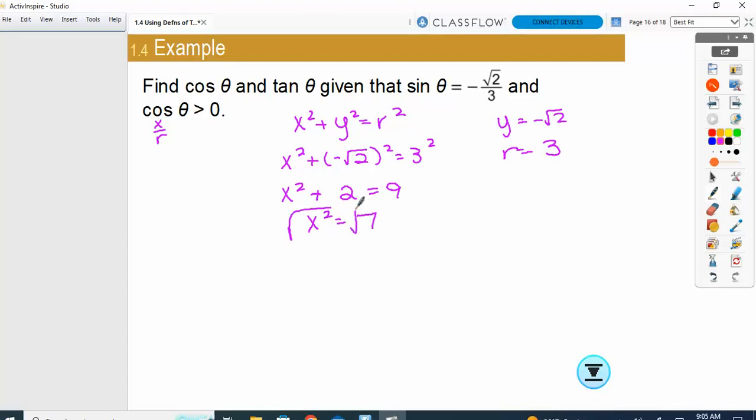Square root, with that we need plus and minus, but we know that since cosine is positive, we need a positive x. So my x would have to be the square root of 7. So then cosine, x over r, will be radical 7 over 3.